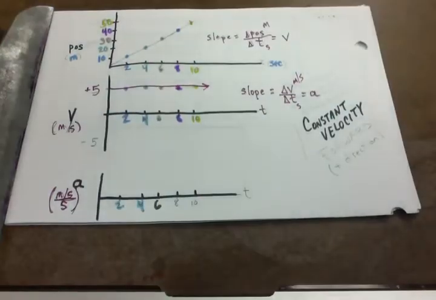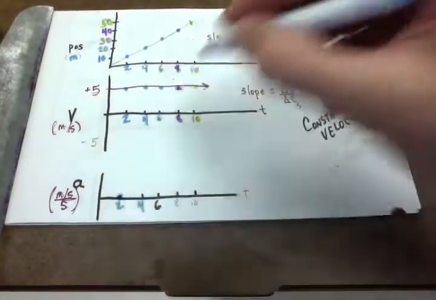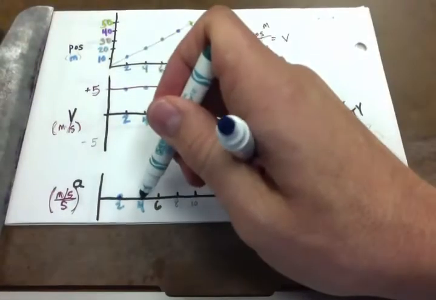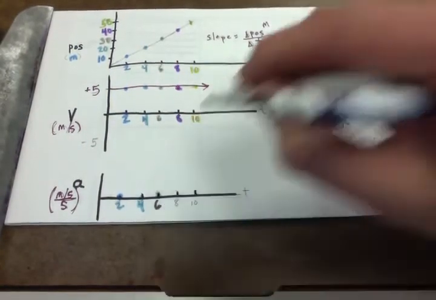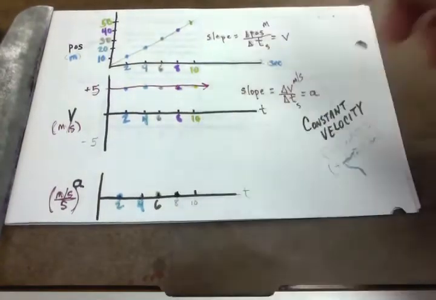Now, if that slope here is 0 at each point, then really what I do is say, okay, at 2 the slope is 0. At 4 the slope is 0. At 6 seconds the slope is 0. At 8 seconds the slope is 0.